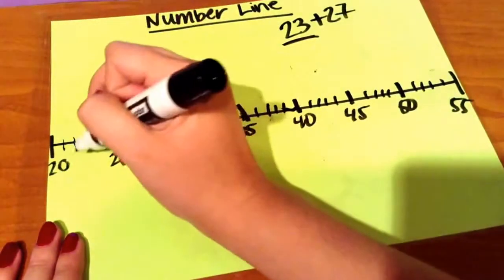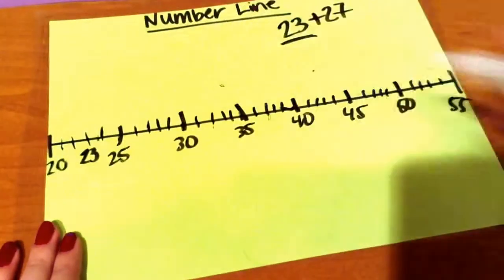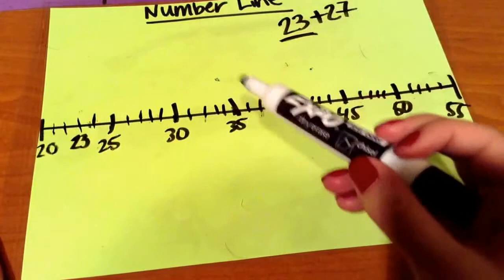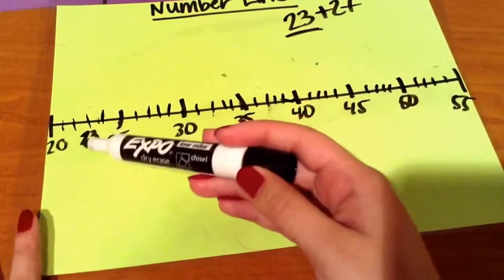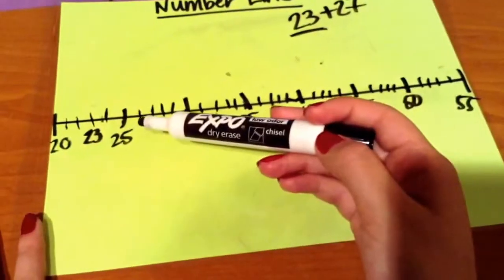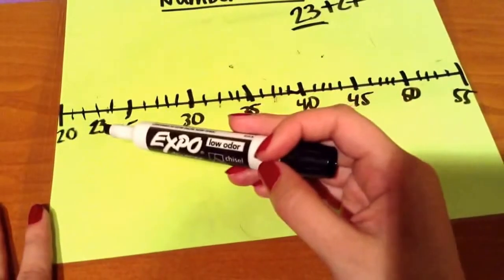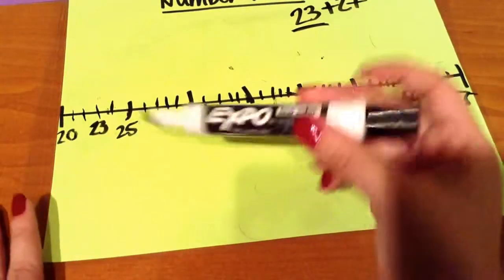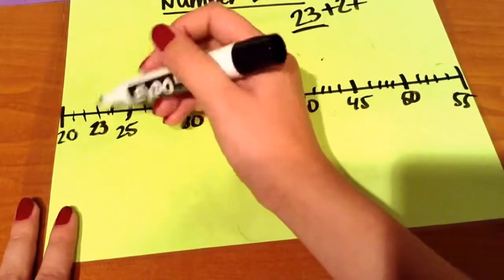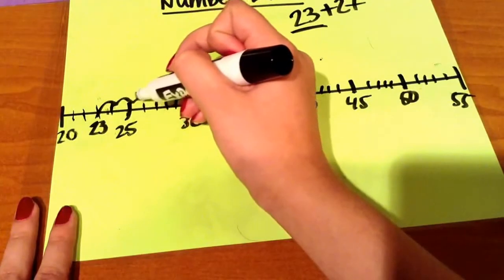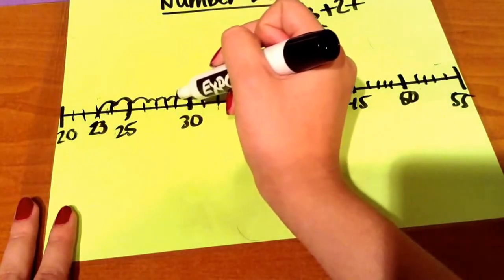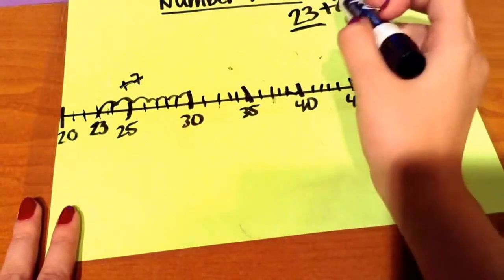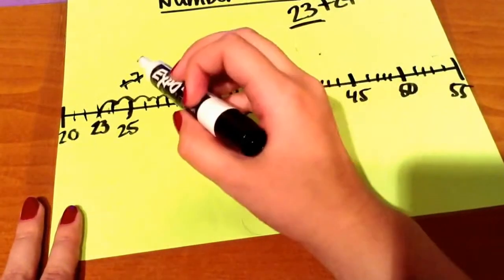Right here, 23. Now to make this easier for ourselves in finding our answer, I want this to fill up to 10. So I would add 7 to 3 to equal 10. So we're going to jump 7 spaces. 1, 2, 3, 4, 5, 6, 7. And you see we had to add 27. So there's our 7.